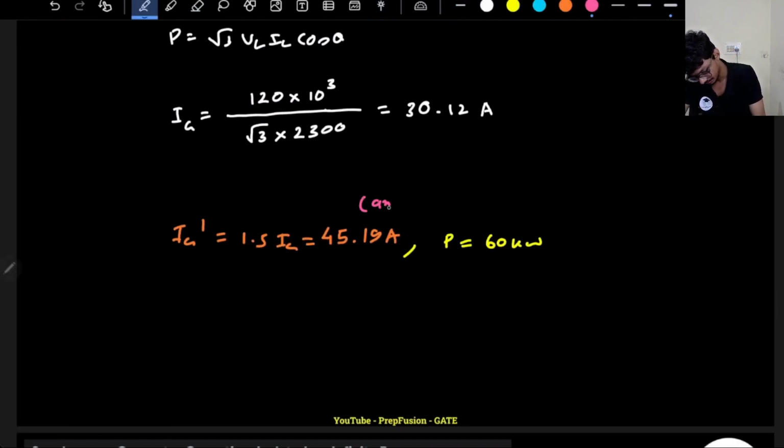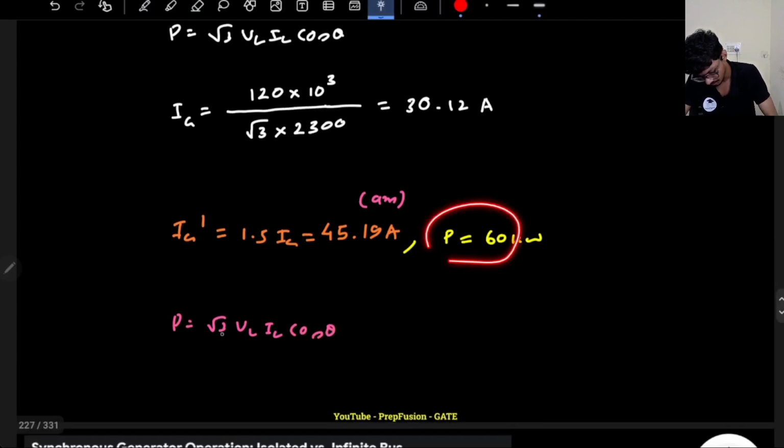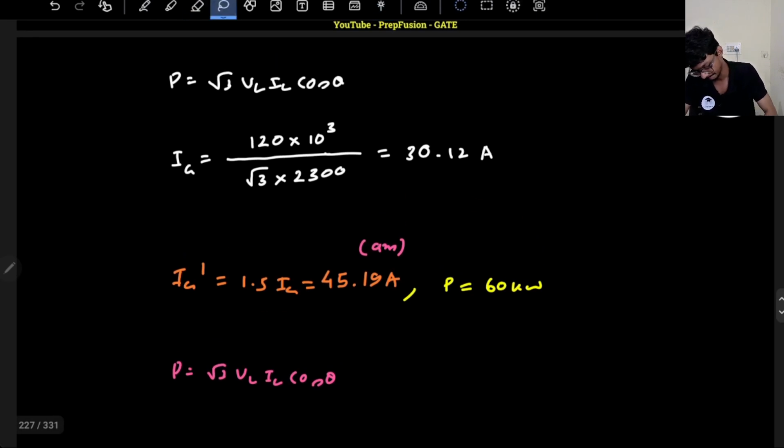But what is the power factor? Power factor is again very easy. Power will be equal to root 3 into VL into IL into cos theta. I know the power, I know VL, I know IL, so I can easily find the new power factor.